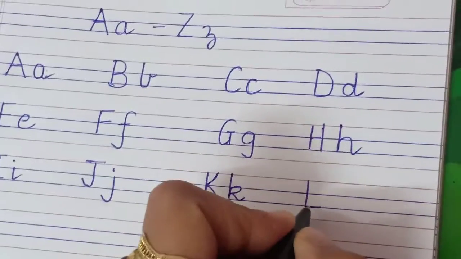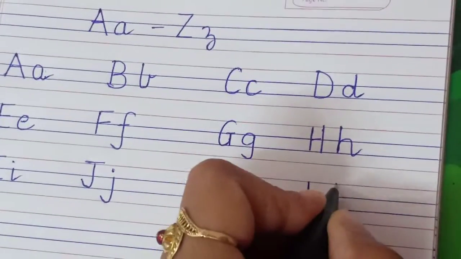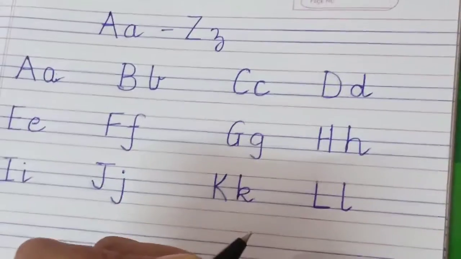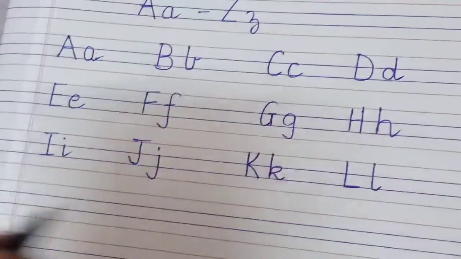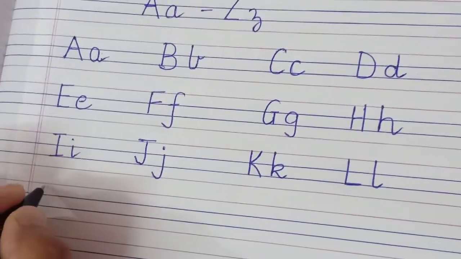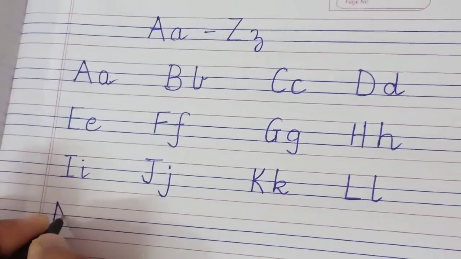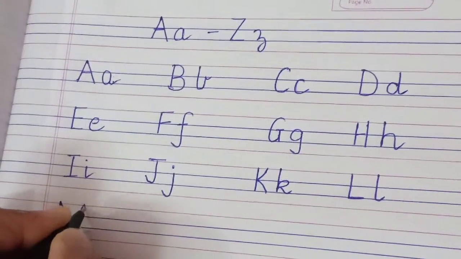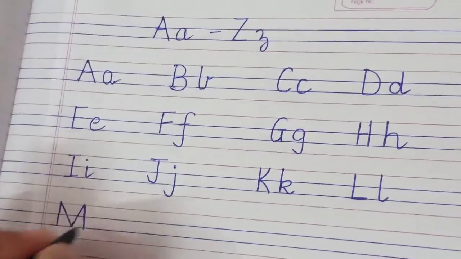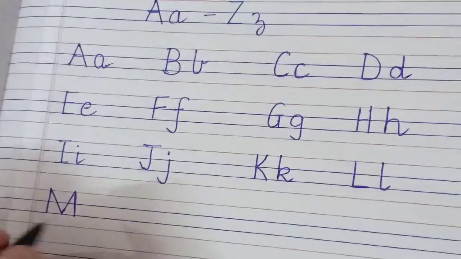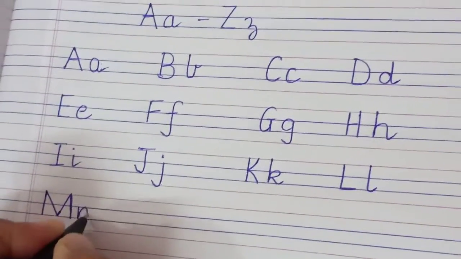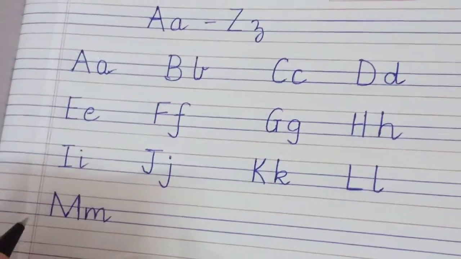L like this and small l like this. M, we will start from this line like this and like this. This is M. Capital M and small m.